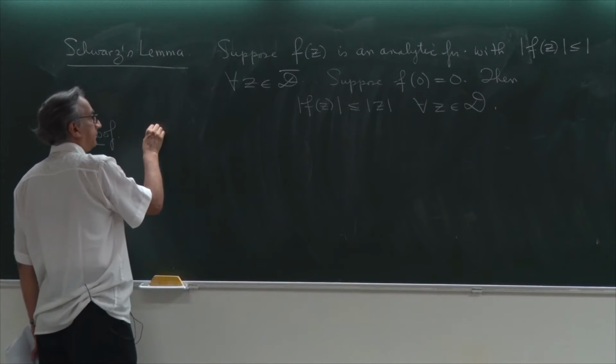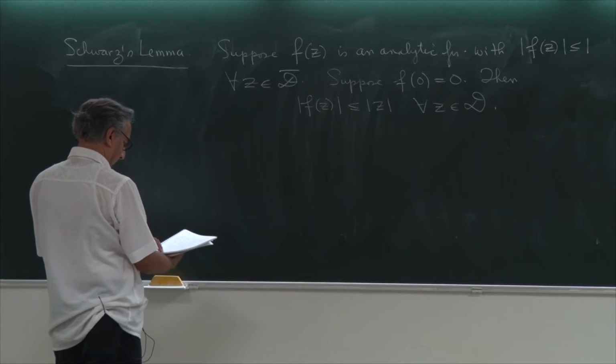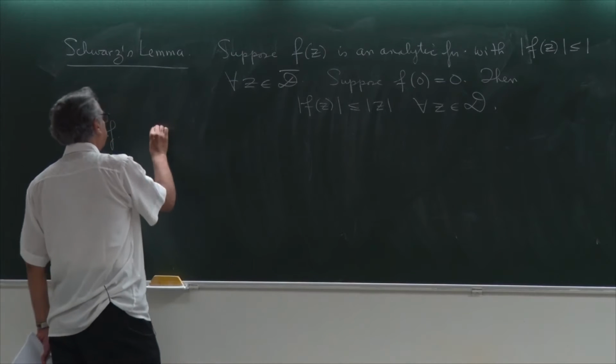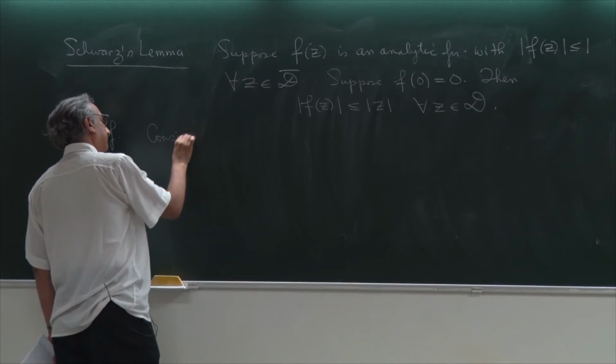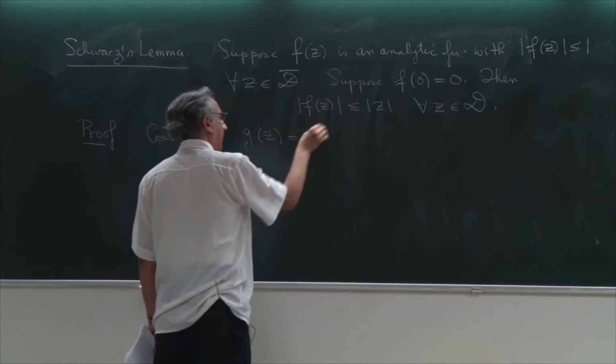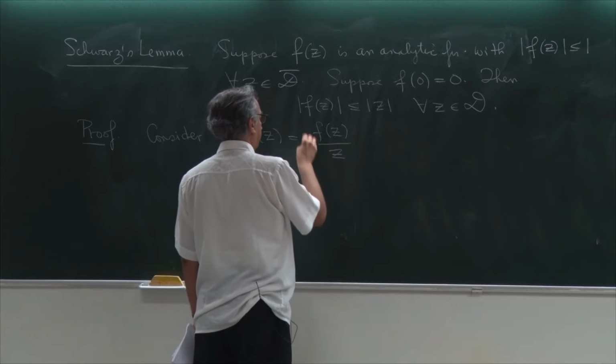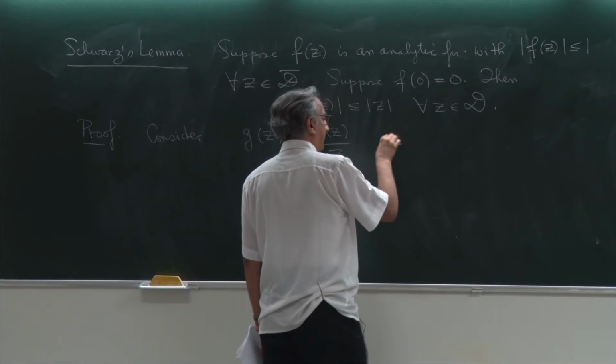Consider the function g of z equal to f of z over z. So this is for z not 0.